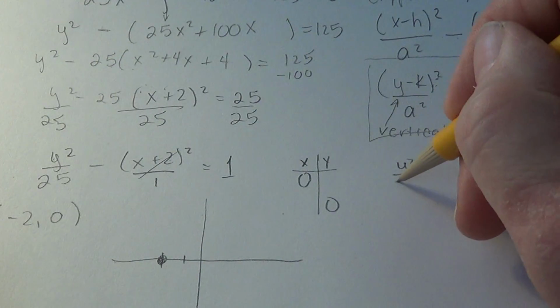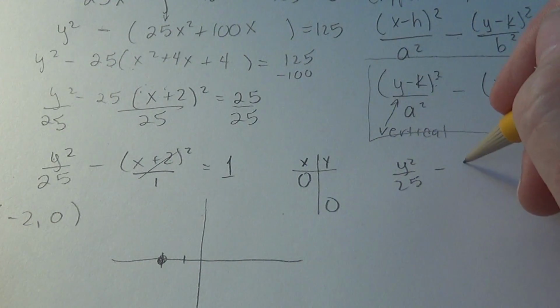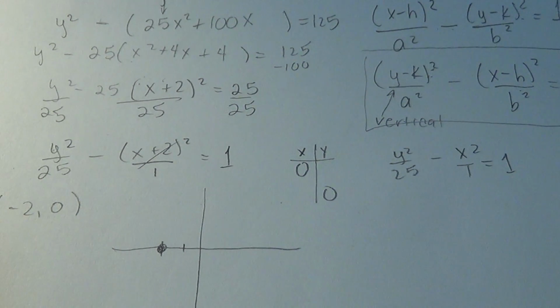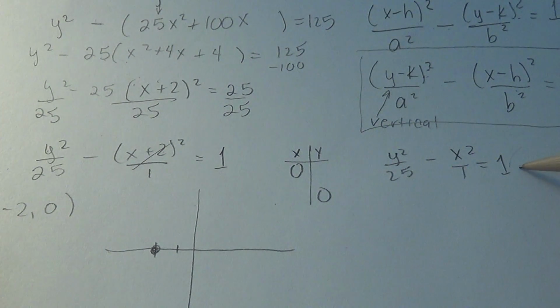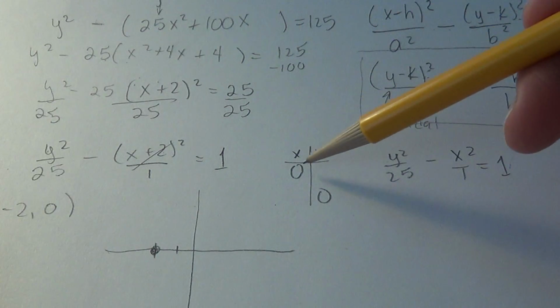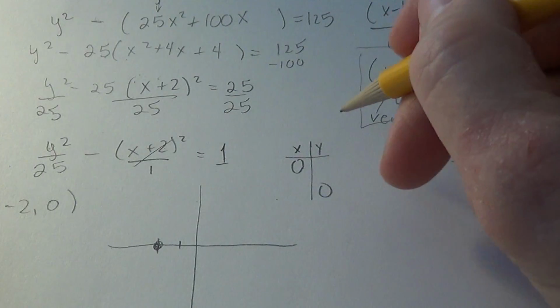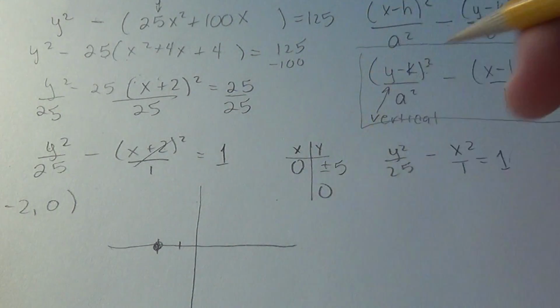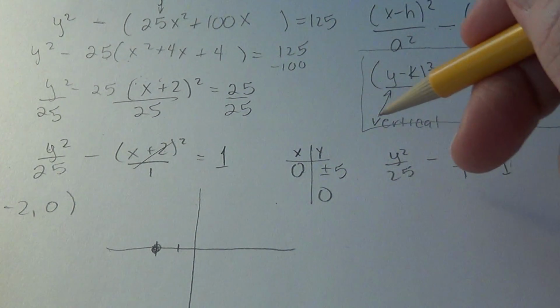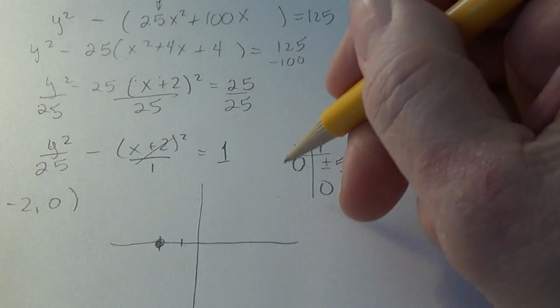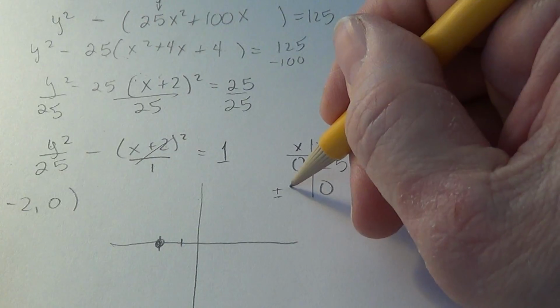Y squared over 25 minus x squared over 1 equals 1. So using that augmented form, we're going to put a 0 for x and solve for y, and we get plus or minus 5. And when we zero out y, we get plus or minus 1i.